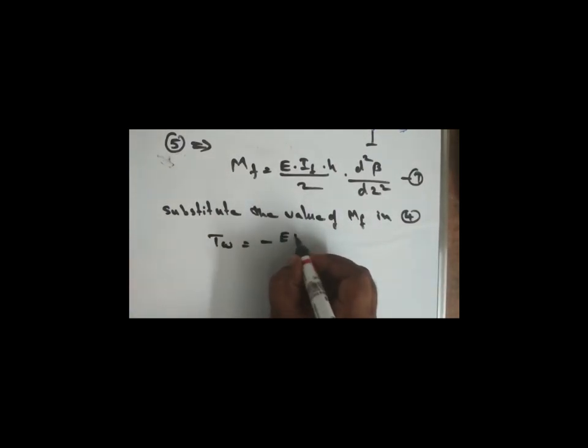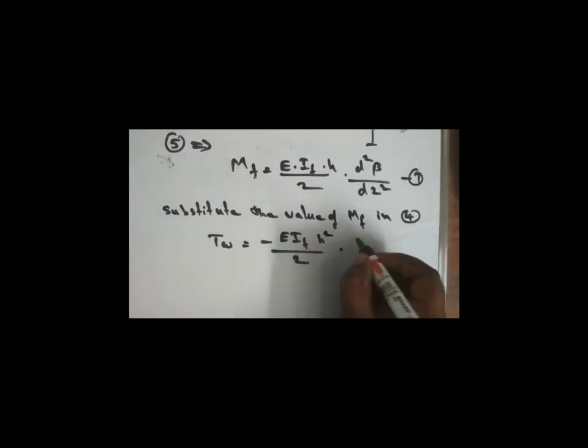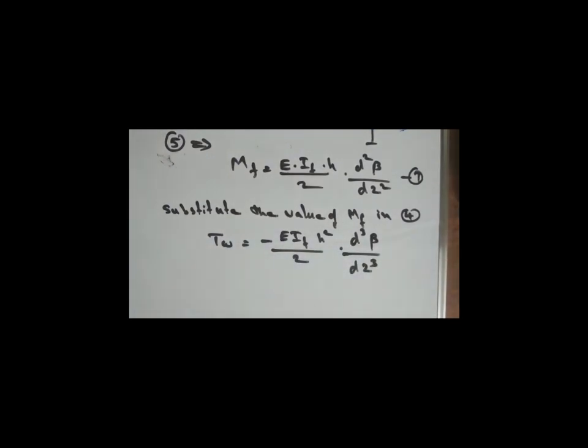I'm substituting the value of MF. TW is equal to minus E IF into h squared divided by 2 into d cube beta divided by dz cube. We will call this equation the 8th equation.